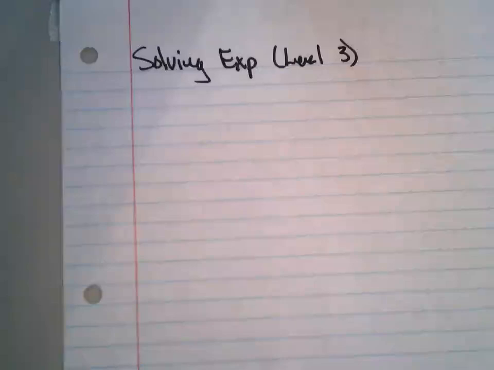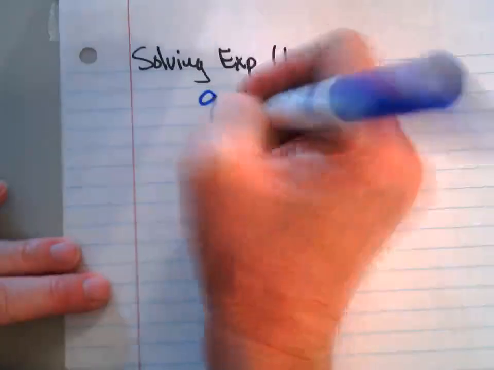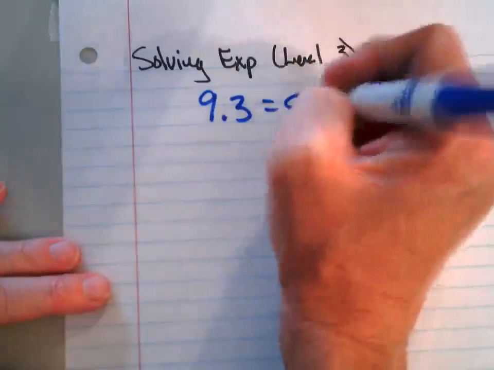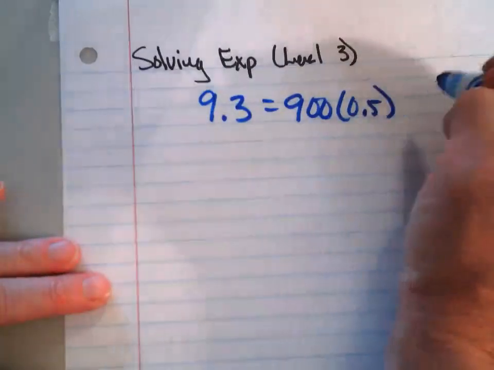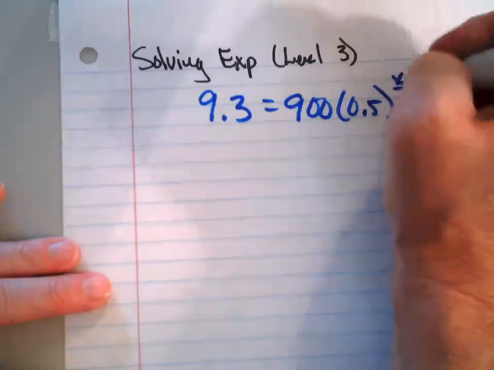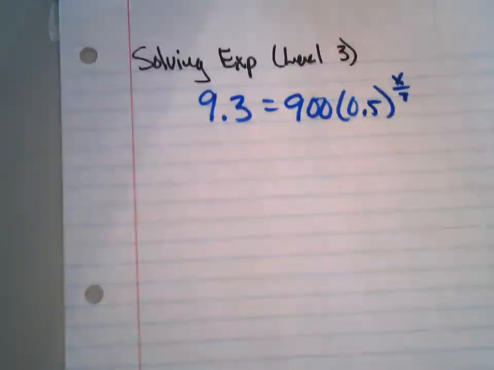Level 2. Oh, wait, hang on a second. Yeah, solving is actually level 3. Let me change this out. I copied something down wrong. It's actually level 3. So we got 9.3 equals 900 times 0.5 with x over 7 as the exponent.